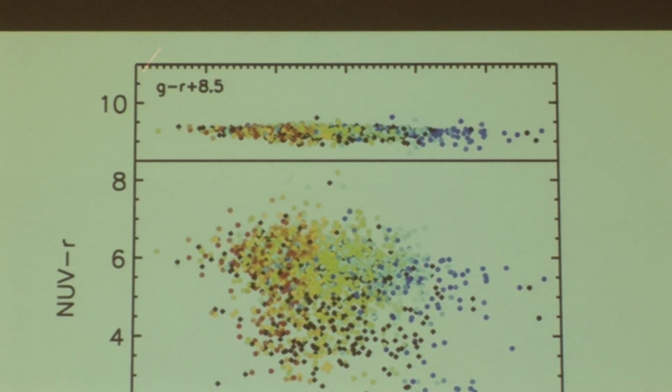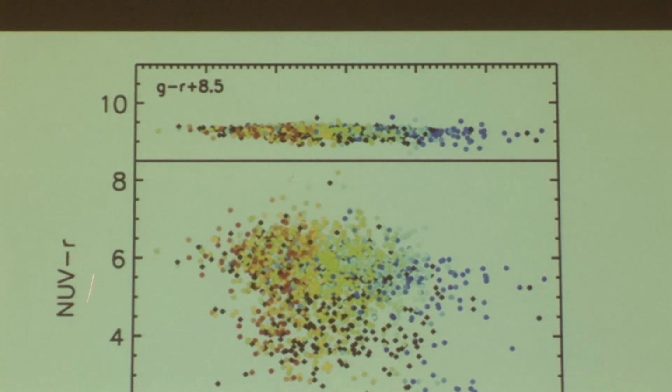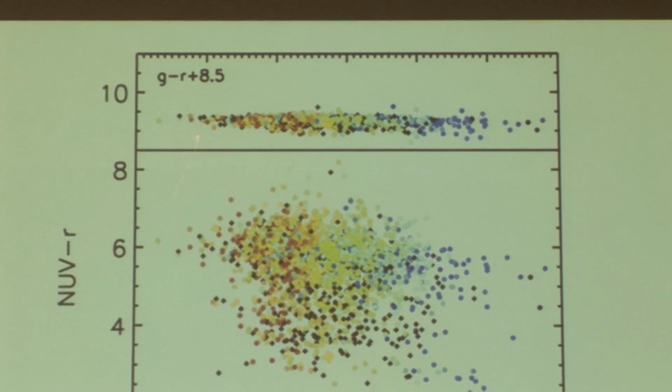Were you only to rely on visible colors, you would have no clue, really, that some of them are actively forming stars. However, if you use the color baseline that GALEX provides, form a color index of NUV, about 230 nanometers, minus r, and plot the same galaxies, then you still have a red sequence up here. Most of these, what little UV is coming out of most of these galaxies is probably UV upturn emission from post-AGB stars and such.